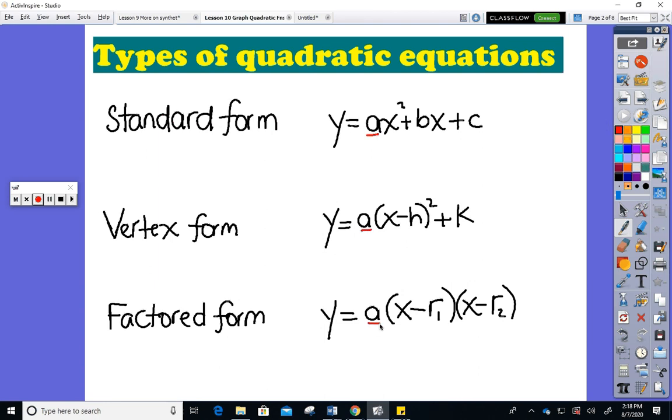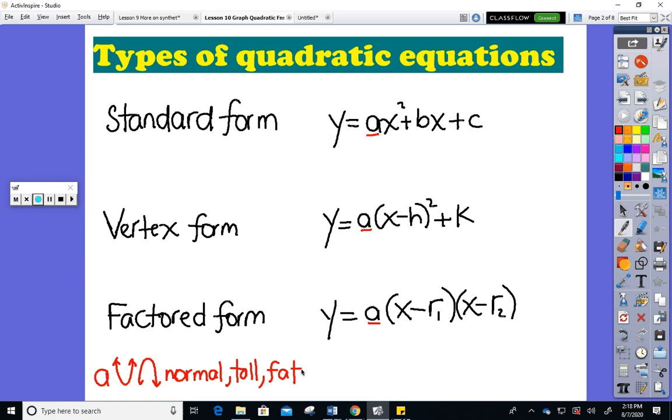The a always plays the same role. So a is going to tell you if the parabola is up or down, if it's normal, if it's tall and skinny, or if it's short and fat. So the a gets into the shape of the parabola.